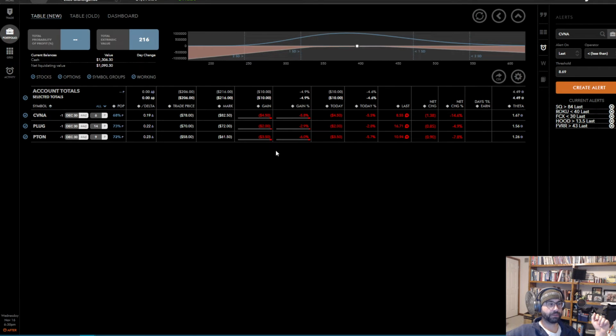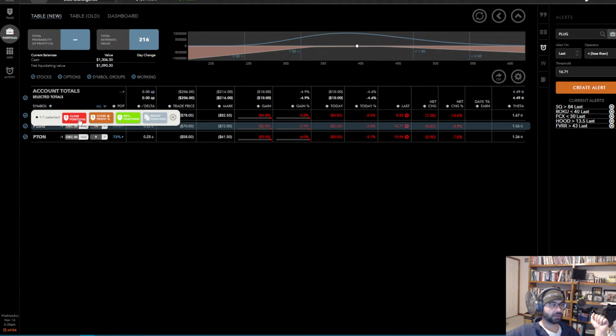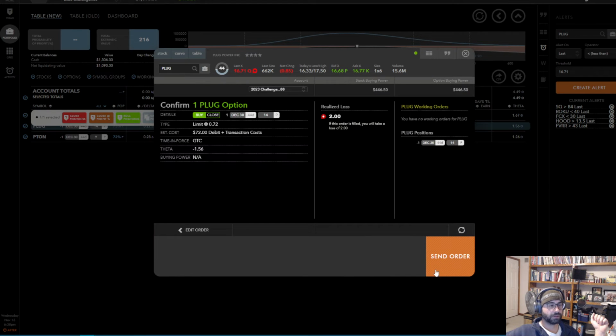Right now, they're all down a couple bucks, especially for being put on today. No big deal there. We're sitting right at 1100, which is great. Half our buying power. Originally, I was just going to do two positions, Carvana and Pton, but then Plug just needed such little buying power. I think it was like 177.